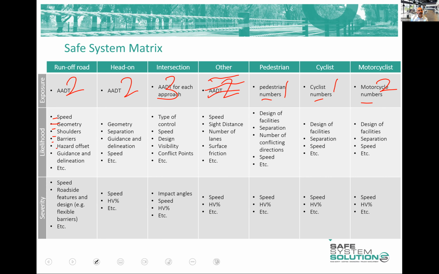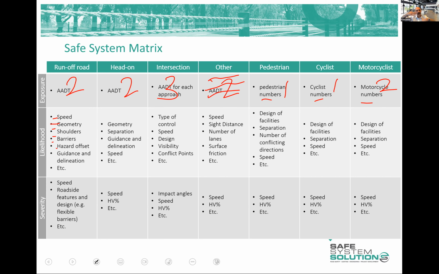After you've written all these things in, it's bad sight distance to the signals and doesn't have a mast arm, the surface is in poor condition, or the approach is clear, it's got good sight distance, it's flat, the delineation is great, there are advanced warning signs, it's got lighting, it's got splitter islands, you're saying all these wonderful features.